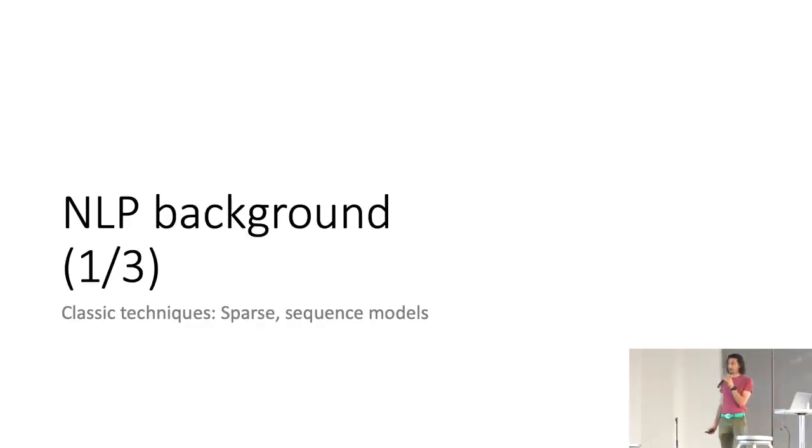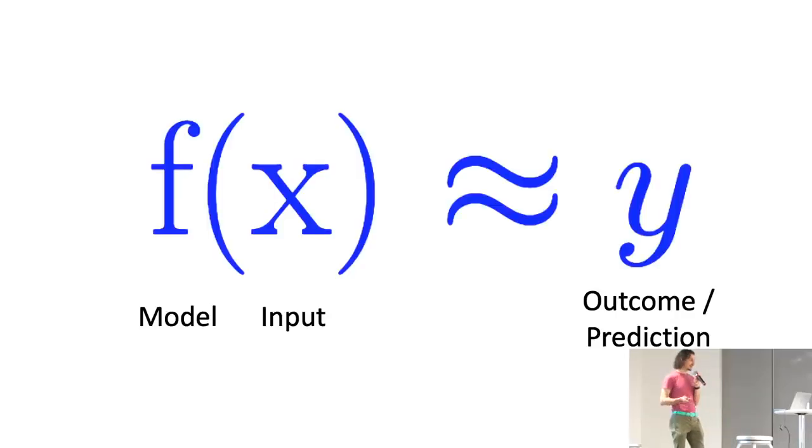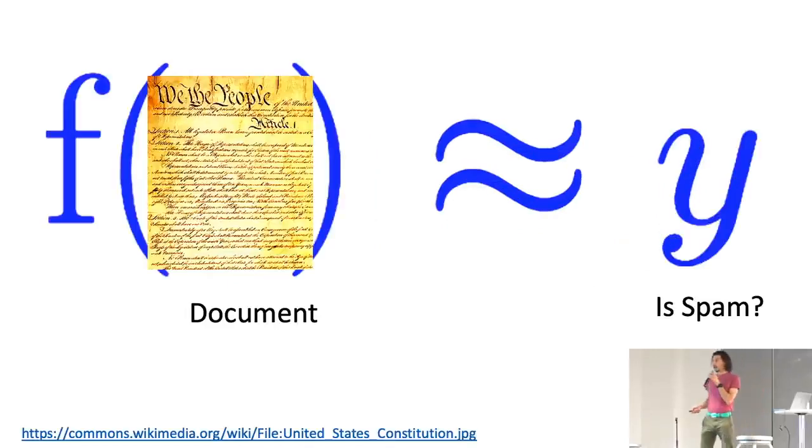So for background on natural language processing, NLP, I'm going to be talking just about a subset of NLP, which is the supervised learning part of it. So not structured prediction, not sequence prediction, but where you're taking a document as some input and trying to predict some fairly straightforward output about it, like, is this document spam, right?